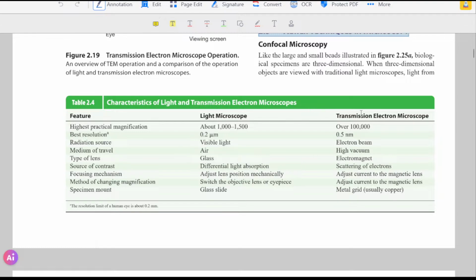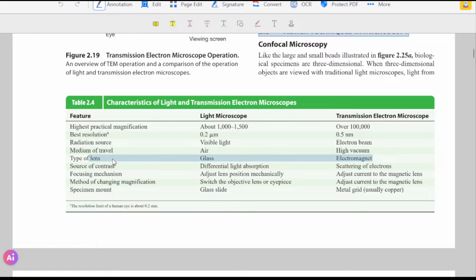That's why it doesn't matter whether it is SEM or TEM. Medium of travel: with light, we don't have to worry about it striking any molecules other than our specimen. That's why the medium is air, and there it is high vacuum. We don't want any other molecules rather than our specimen.